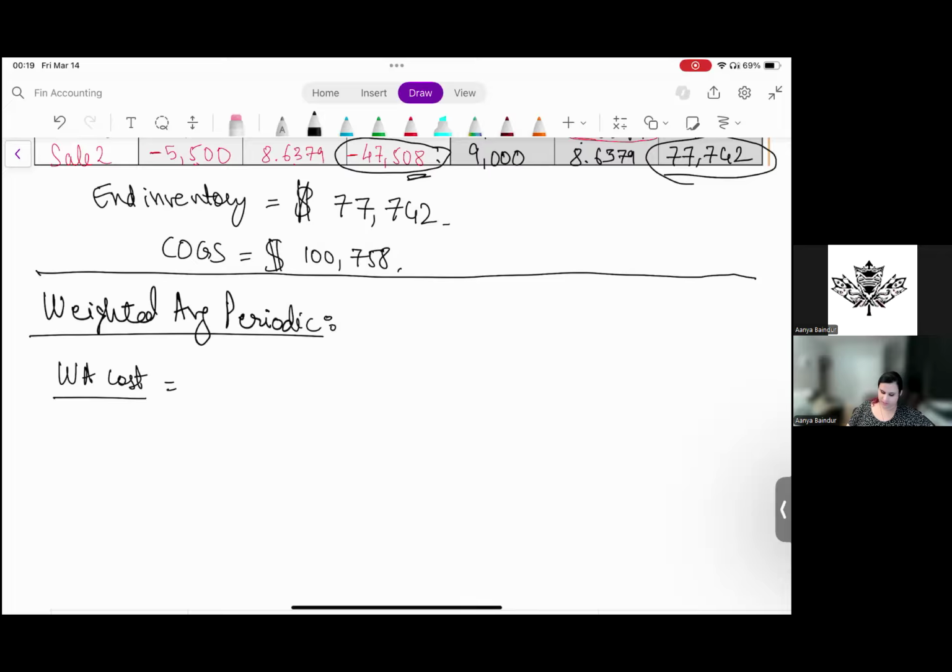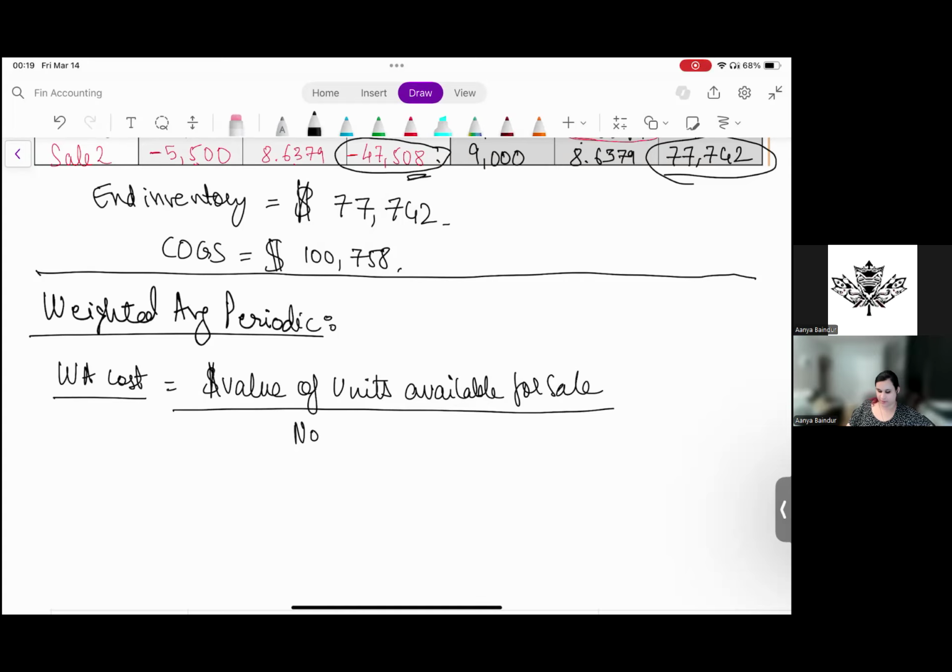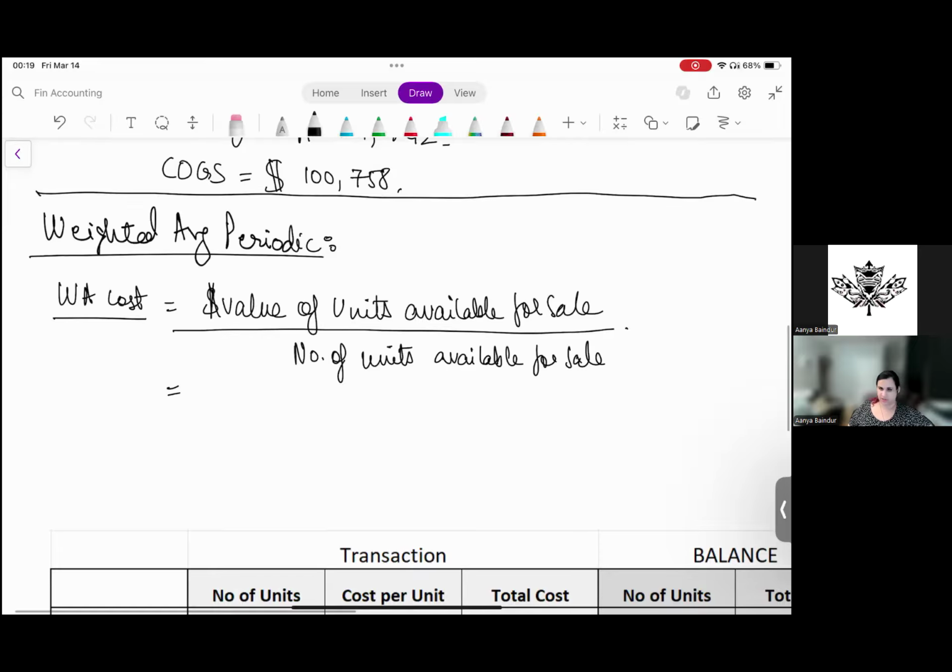So the formula for this is the dollar value of units available for sale divided by number of units available for sale. So you're taking the total value of the goods that we have available for sale and dividing it by the number of units. That will give us the weighted average cost.